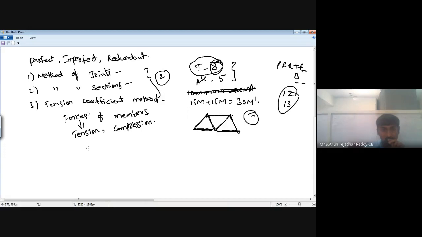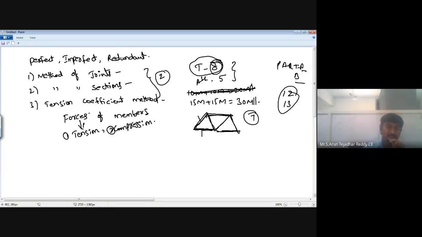Here forces mean tension force and compression force. So in this given truss, which member is in tension and which is in compression. At the end of these problems, we need to find the tension forces as well as the compression forces.